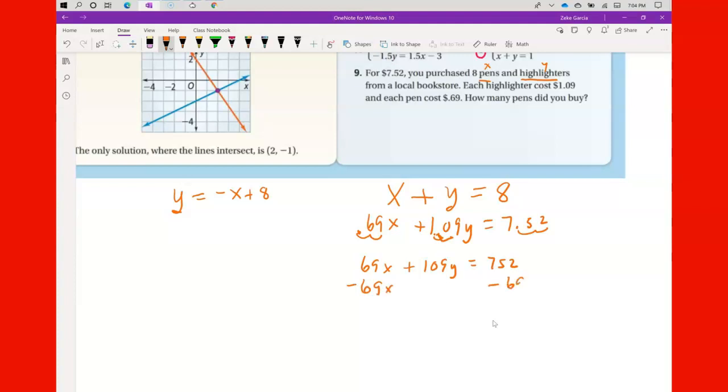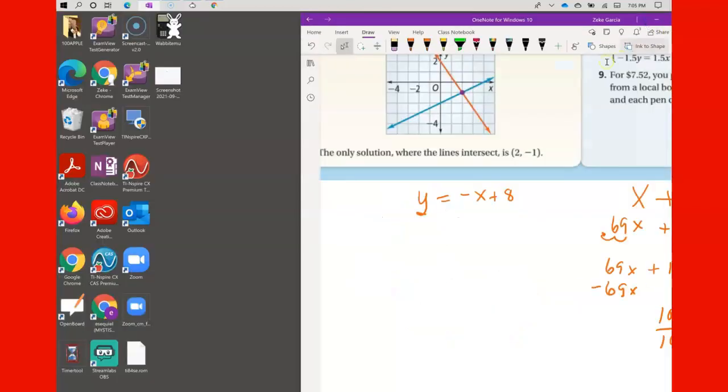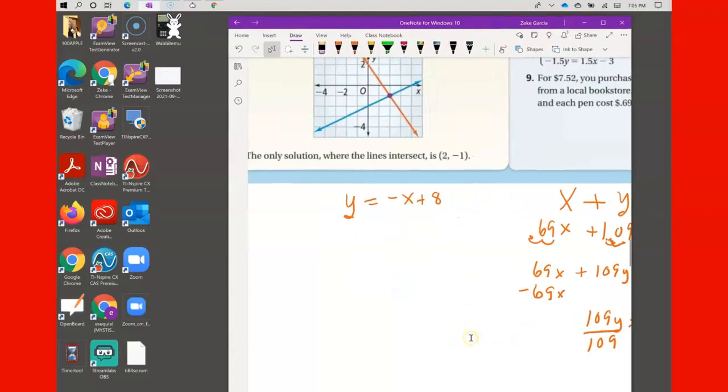And so I have 109y equals negative 69x plus 752. Divide by 109. And what I'm going to do is use Desmos to graph both equations, okay?